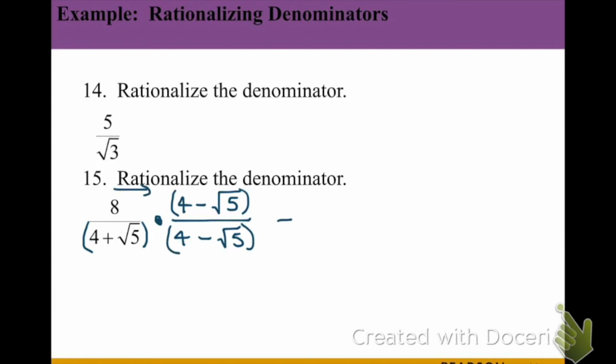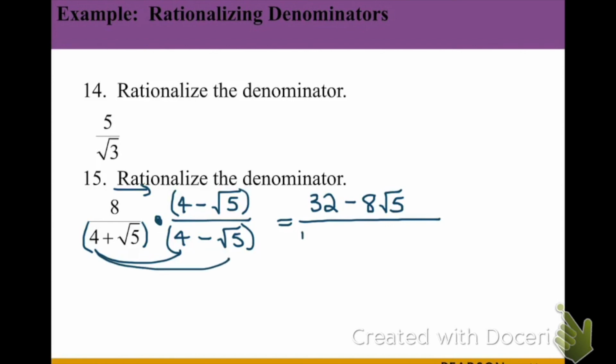From here, we're going to multiply across just like we did in the last example. So we distribute the 8 to the 4, giving us 32, and then multiply 8 times the square root of 5, giving us 8 square root of 5. In the denominator, since we have binomials, it's like we're foiling here, distributing the 4 to both terms in our conjugate and the square root of 5 to both terms in the conjugate.